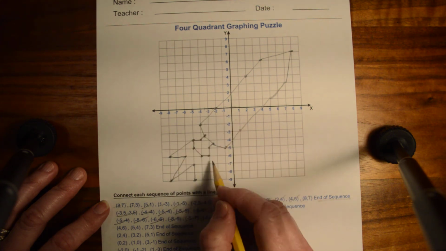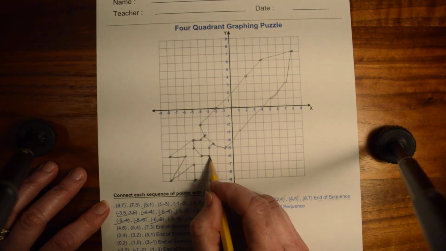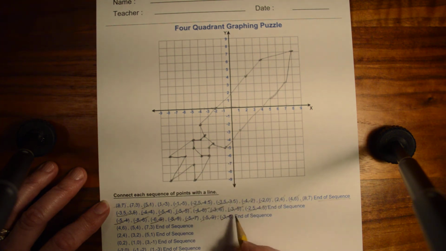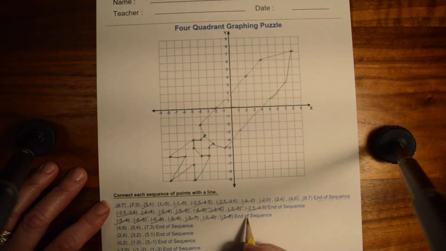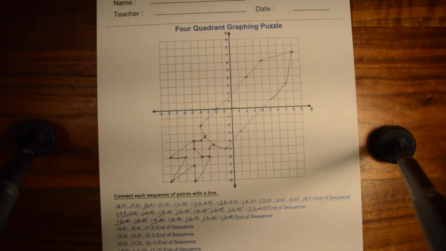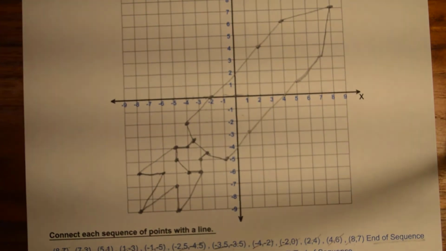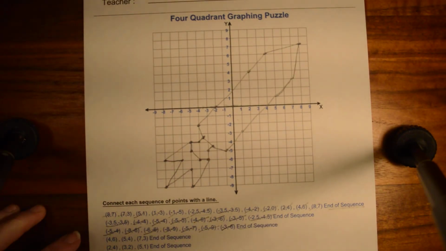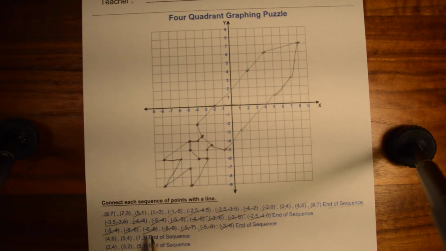Then negative 3, negative 5 right here. That takes us to a point we've already drawn. And that ends it. All right, end of sequence. Hopefully you should be getting a better idea of what you think it is. All right, now we've just got a couple more, and these are 4 quick little ones.